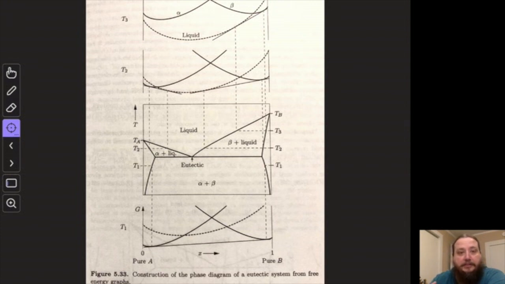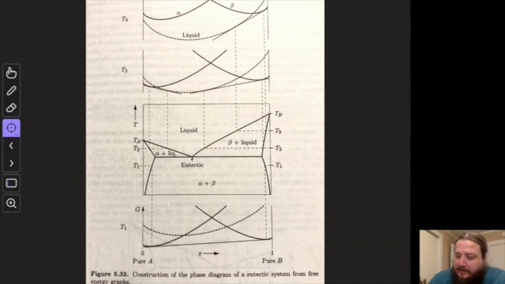All of the Gibbs free energy curves rise, but liquid has more entropy than the solid phases, and so the liquid curves will rise faster than the solid curves. And so if we're above the melting point of pure B at some point, as the temperature drops, eventually the liquid curve here will intersect with the beta curve, representing the Gibbs free energy of the crystal structure of pure beta.